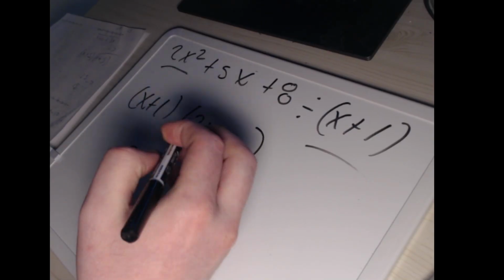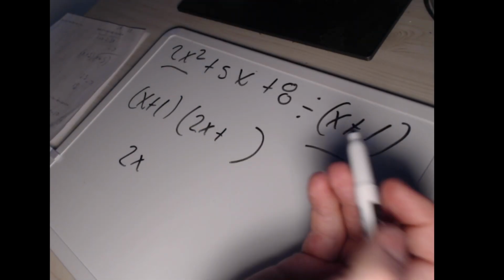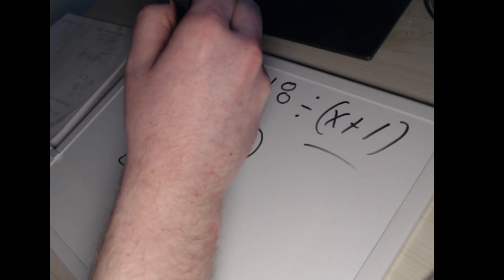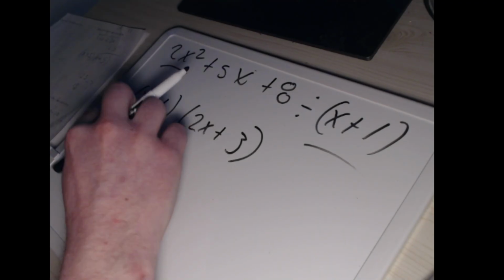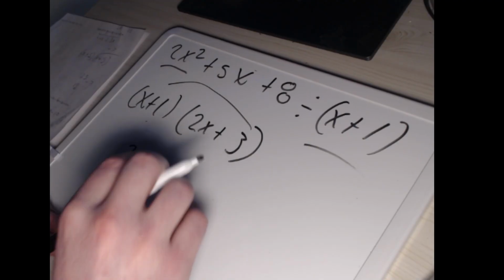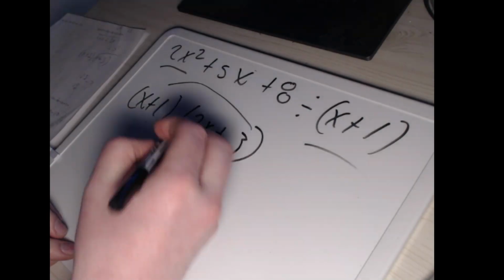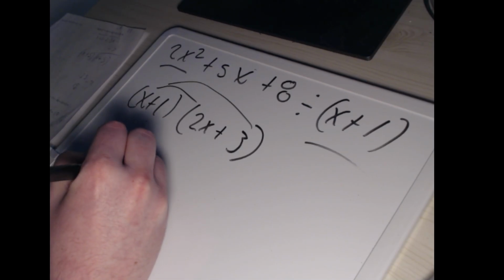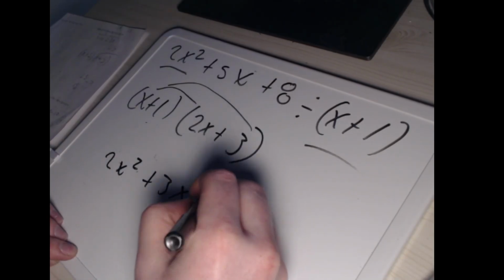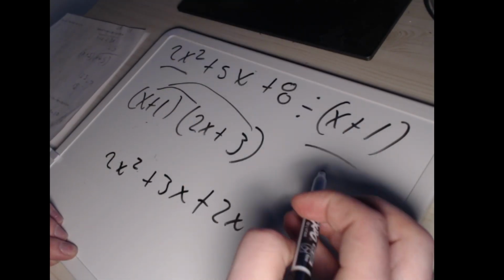So we already have our 2x. What 2 plus what equals 5? 3. The x here is going to turn this into 3x. So when you finally draw this out, you'll get 2x squared plus 3x plus 2x.